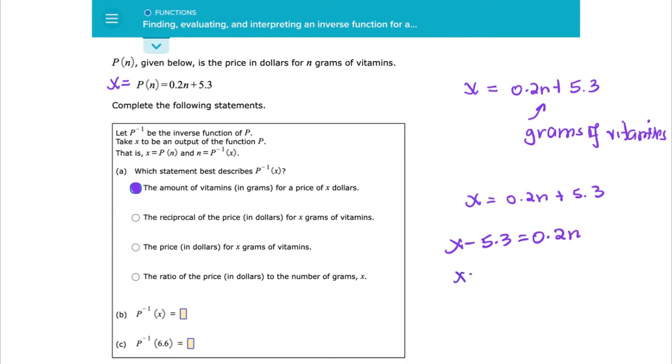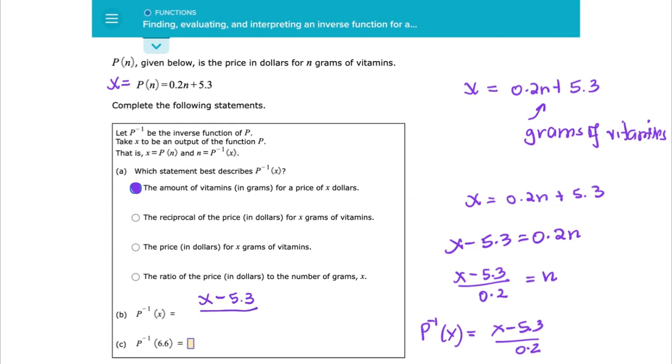So I'll have x minus 5.3 divided by 0.2 equal to N. So now I have N in terms of x, or I can write it as N equal to x minus 5.3 over 0.2, but N is equal to P inverse of x. So now we've satisfied part B. P inverse of x is equal to x minus 5.3 all over 0.2.